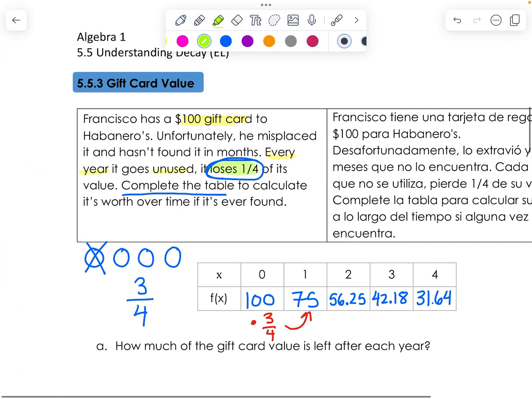So again, we multiply by the 3/4 because that's how much we have left. If we lose 1/4, you subtract out the 1 of the 4, leaving you with 3.